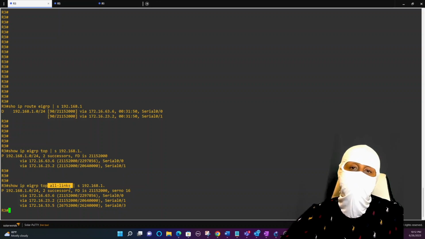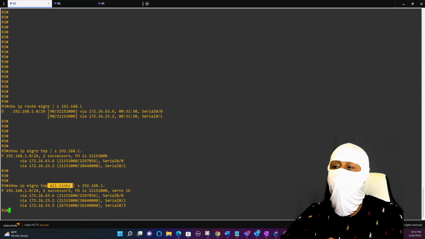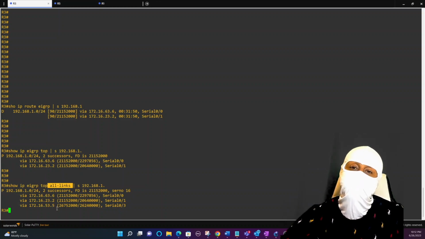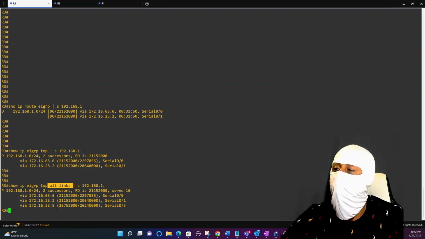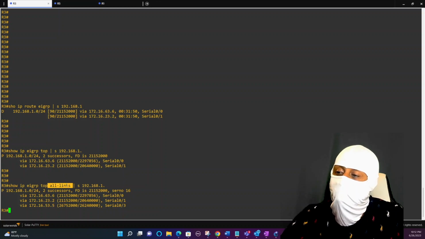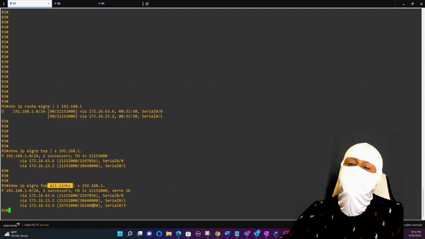So if you want to get all of the paths, not just the successor, not just the feasible successor, you want any redistributed routes. This could have been a redistributed route for all you know, anything. If you want all of the paths that the EIGRP topology table has, you're going to put that keyword in your syntax right there, and it's all-links, right? And filter out for your network. This is very key to commit to memory.